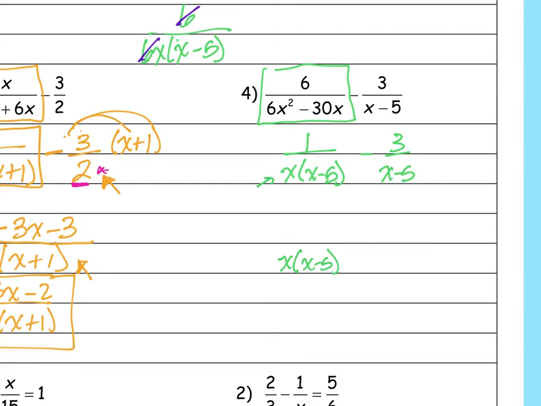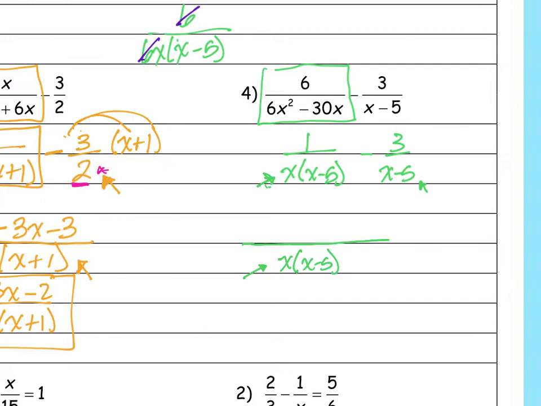Then my question becomes, is there anything in the second denominator that's not already in my common denominator? No, there's not, right? Okay, so I'm done with finding my common denominator.